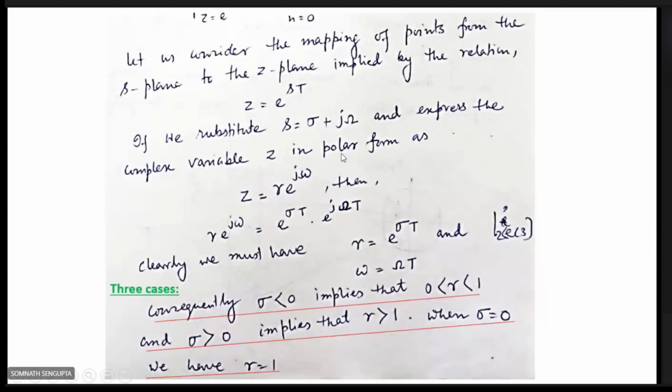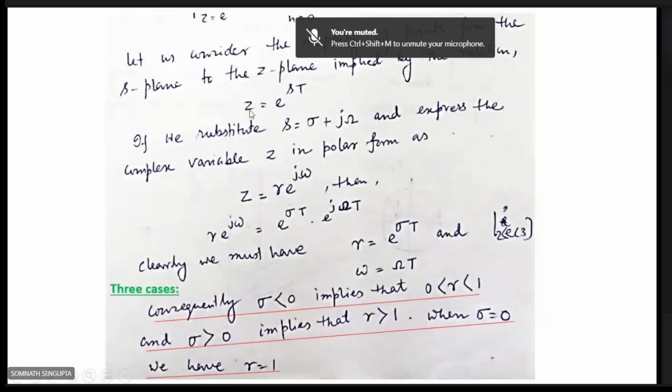We want to relate the analog filter to the digital filter. So in place of s in e to the power sT, we write sigma plus j omega. It would be e to the power sigma plus j omega whole into T, that means e to the power sigma T into e to the power j omega T, and z is equal to r into e to the power j omega.